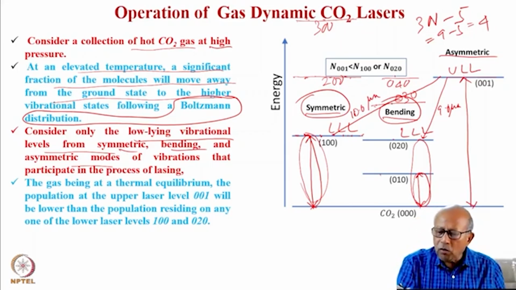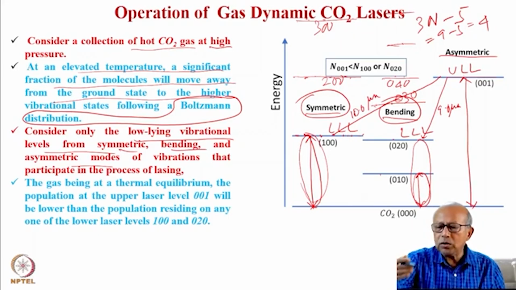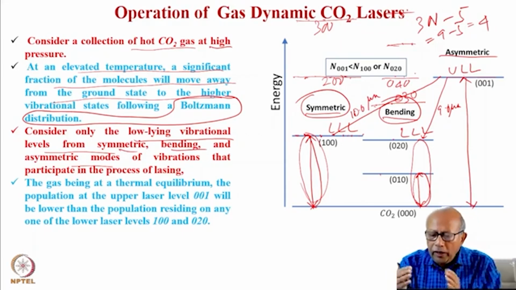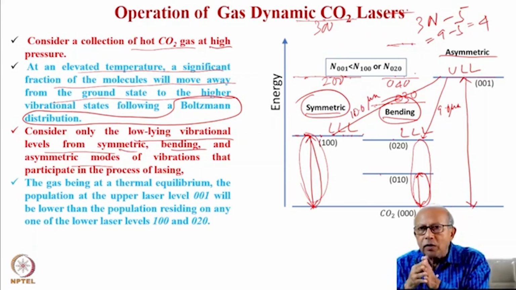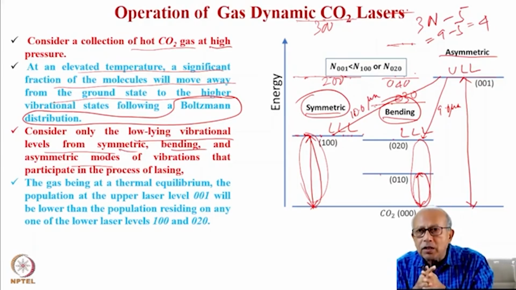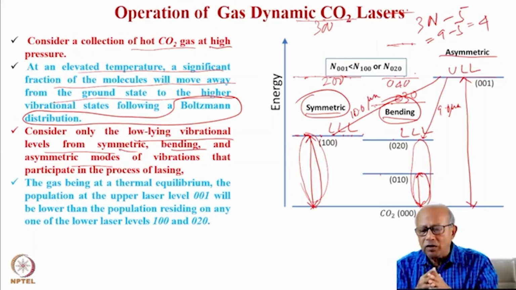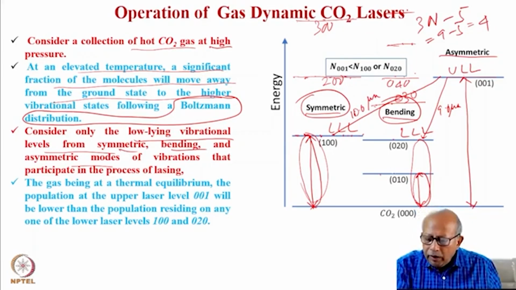Similarly, for the bending mode, all the molecules excited to the thermal populations residing in the higher bending modes will collide among themselves, and through the resonant VV energy transfer process, which is extremely fast, will come to this level.